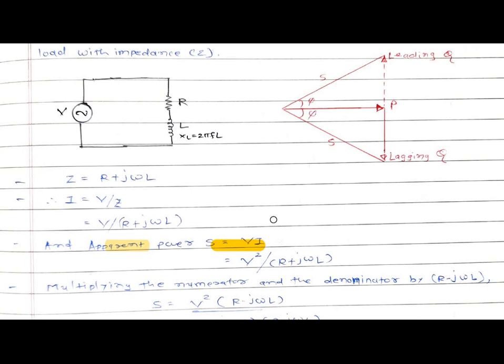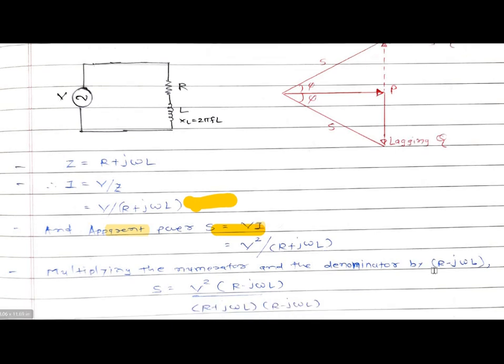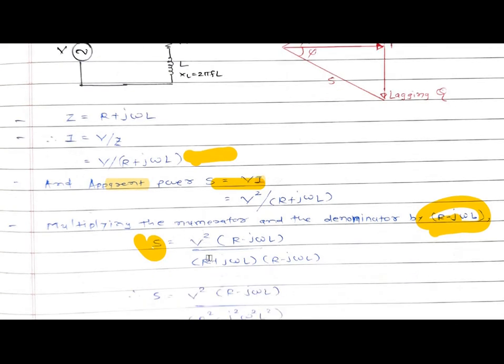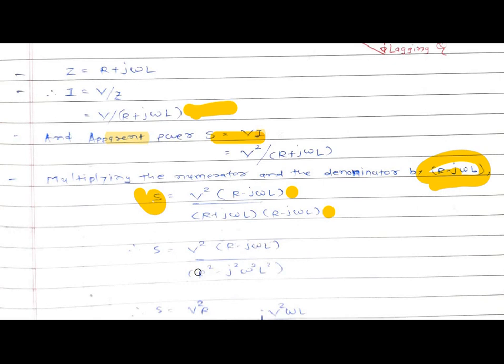Now simply put the value of I from this equation, so our apparent power S now becomes V square divided by R plus j omega L. Now multiplying the numerator and denominator by R minus j omega L, S is equal to V square into R minus j omega L divided by R square minus j square omega square L square.